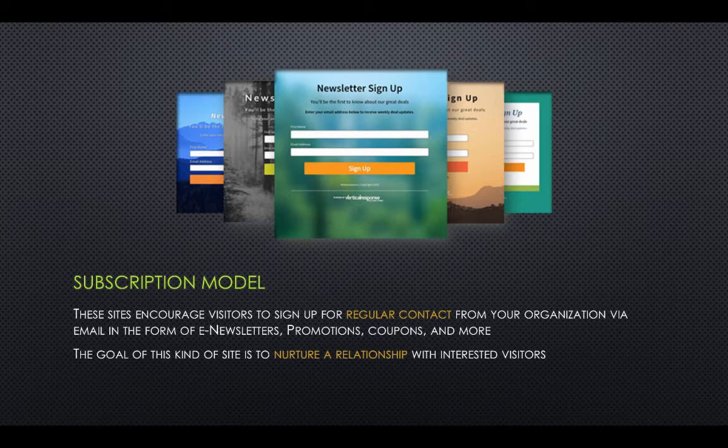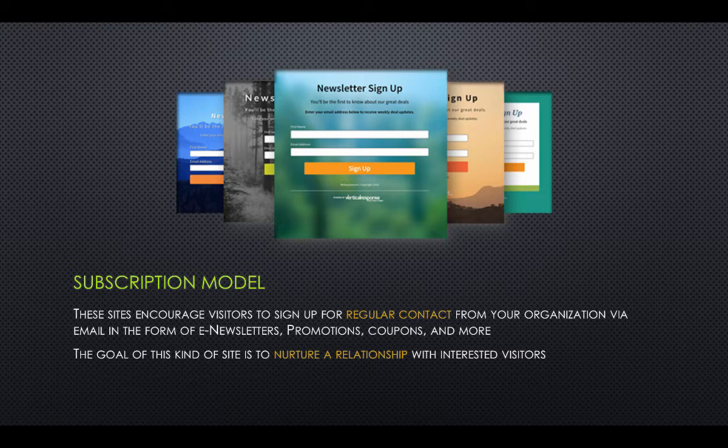Related to that, say you are a small brick and mortar store located in a small community, so you're looking to reach more people to get them to your store. You might be sending out weekly promotions via email, and if they come in and let you know that they received the email, maybe there's a special code or a coupon that they can print out. That is a reason that you're asking them to subscribe to get that regular information.